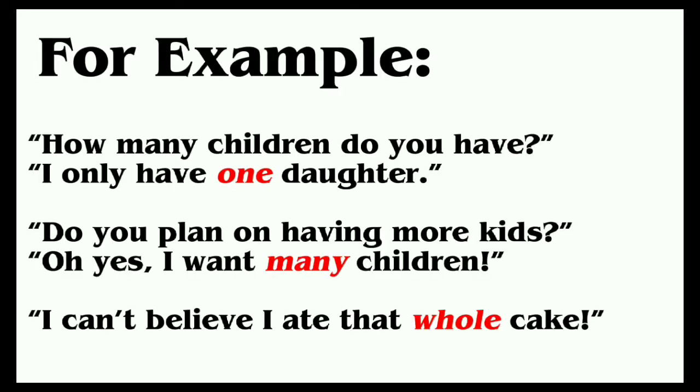For example, "How many children do you have?" "I only have one daughter." "Do you plan on having more kids?" "Oh yes, I want many children." "I can't believe I ate that whole cake."